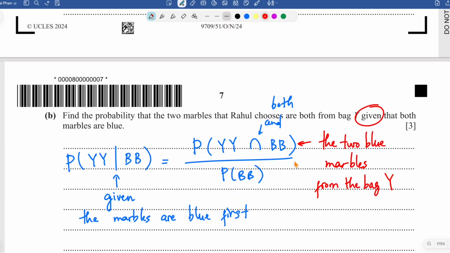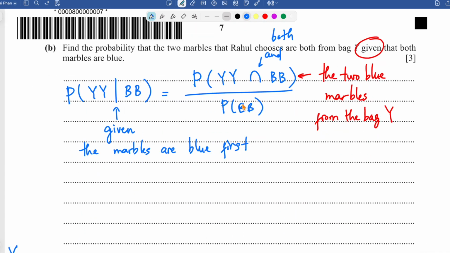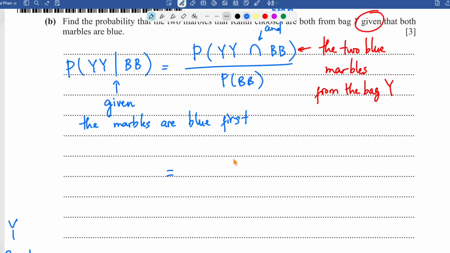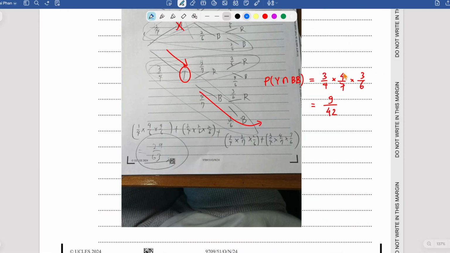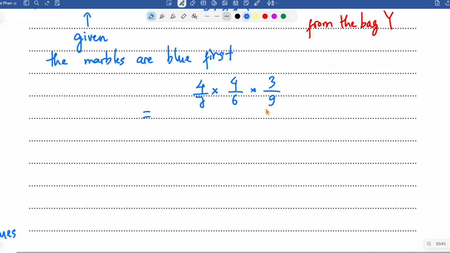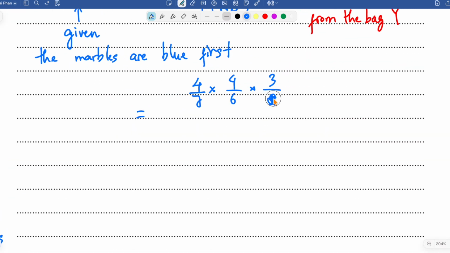The term on the top is 3/4 times 4/7 times 3/6. Let me check that again: 3 over 6, which means 1/2. Sorry, it's 6, not 9 here.